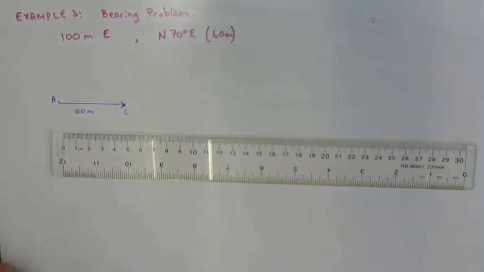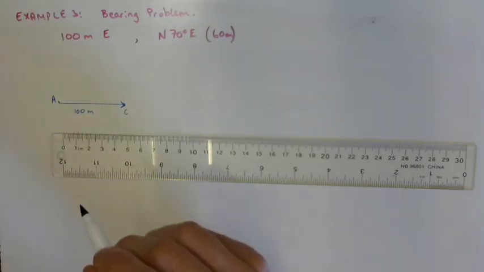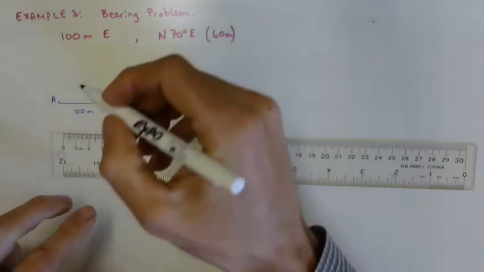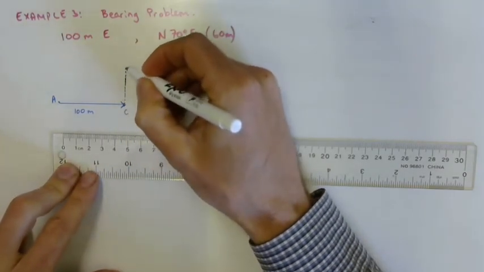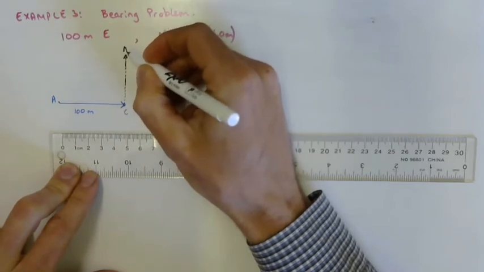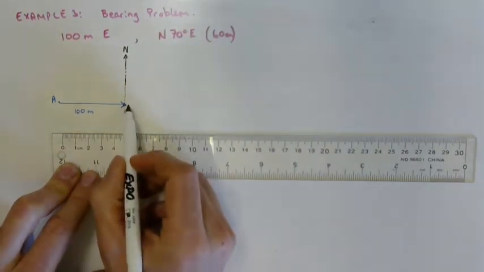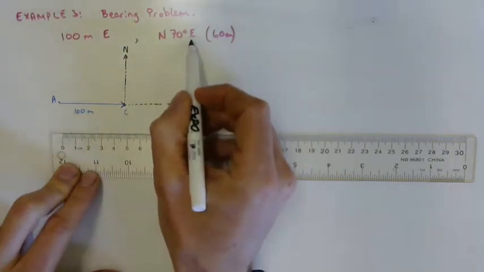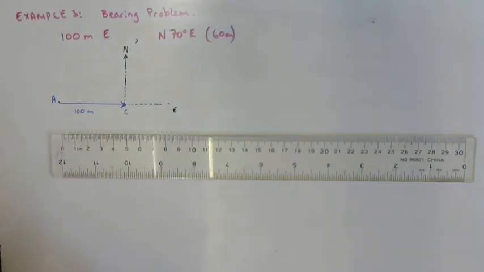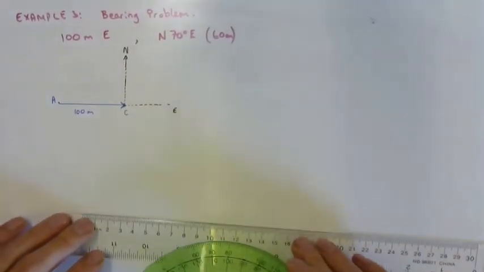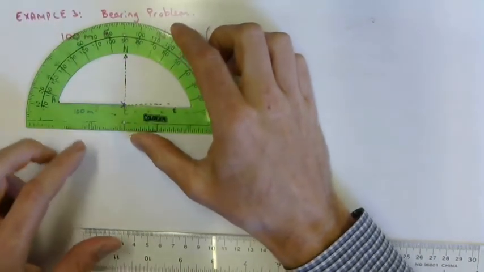So what we actually need to do is use a protractor. We need to give ourselves a vertical line for north. And we're going to continue our horizontal for east. Okay. And then we are going to use a protractor to accurately draw a diagram that allows us to head 70 degrees east from north.